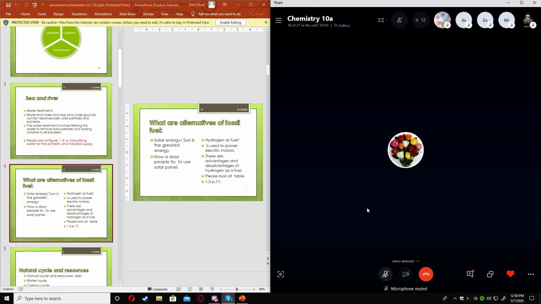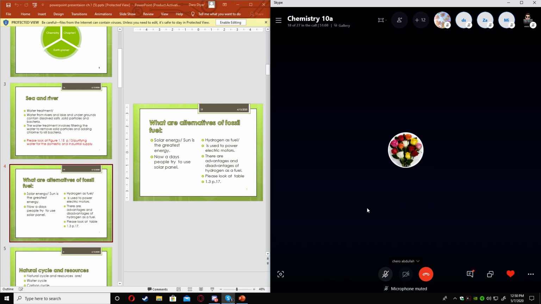It means that combustion and respiration add carbon dioxide to the atmosphere, and photosynthesis takes it away. That's why you have the arrows like this. This question is very important, of course.